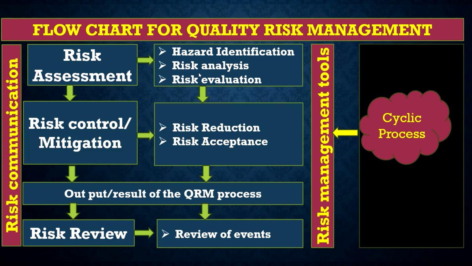It is a cyclic process. We need to start from the risk assessment to risk review, and again from the risk review we need to start again from the risk assessment. This is a cyclic process. We need to reduce the risks associated with the product or process or system or facility up to the manageable level. That is the role of the pharmaceutical industry as well as the stakeholders.